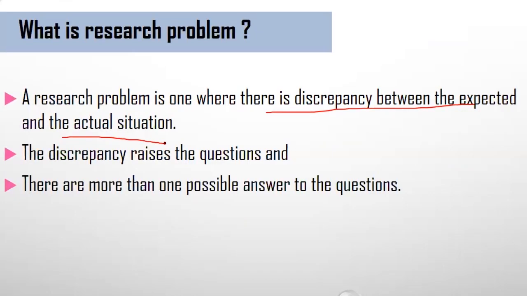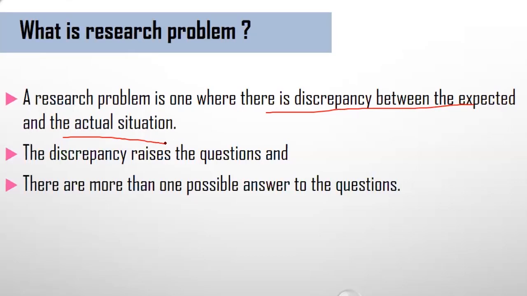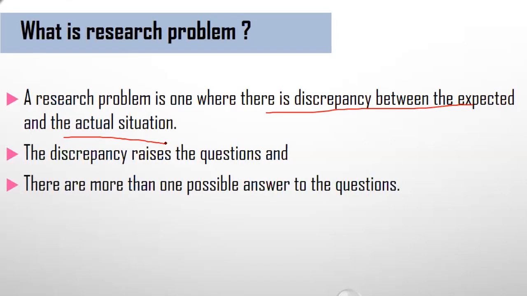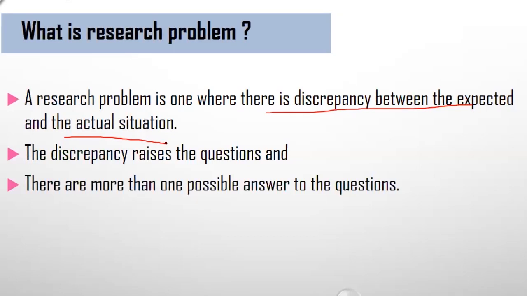Everything does not happen as per our expectation, so we may think it's a problem. And this discrepancy raises the question of why it is happening. When the question has more than one possible answer, then it will be a research problem.